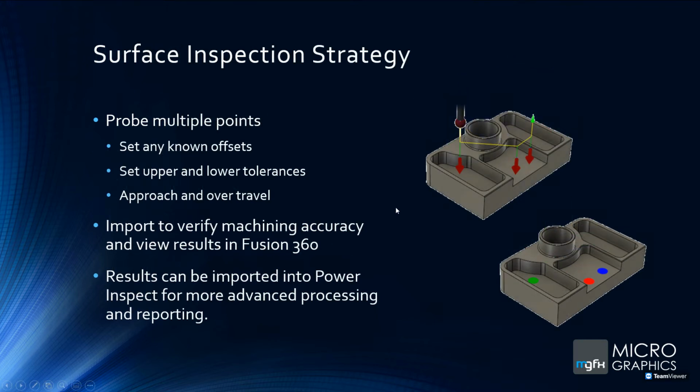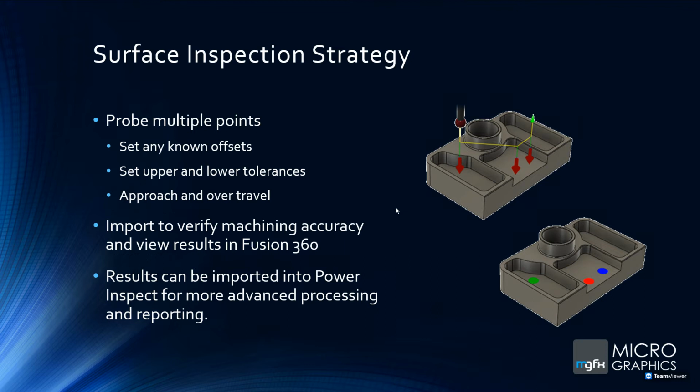Now, along the same lines as probing to check position or to check for tool wear, the surface inspection strategy is also one that is available through the extensions. And once again, machine specific, you need to check that your machine can do this.